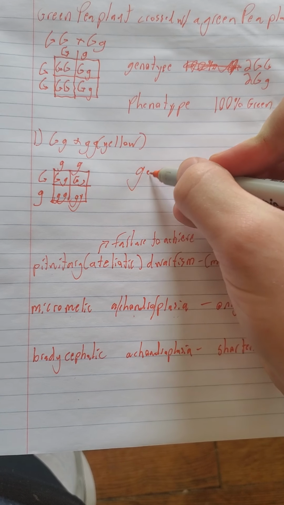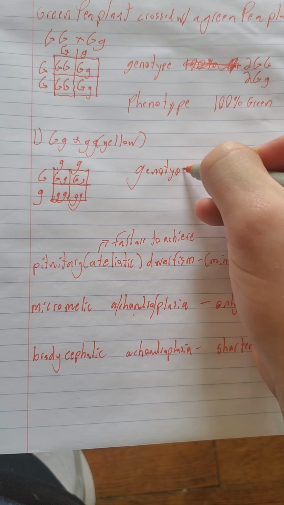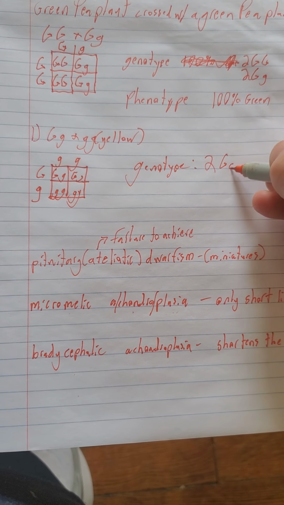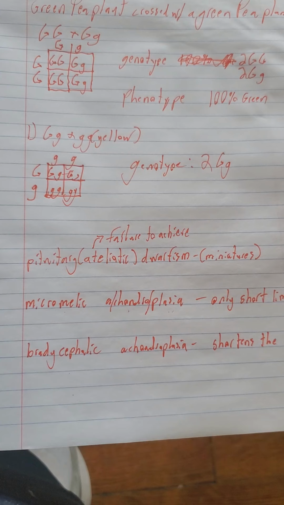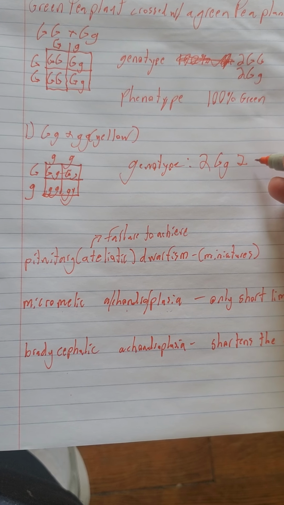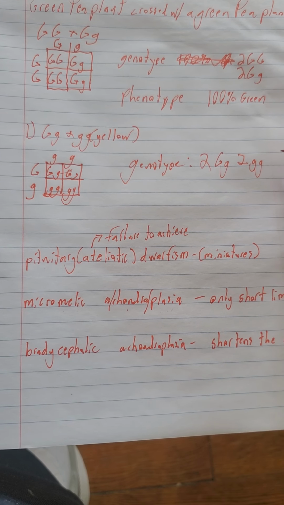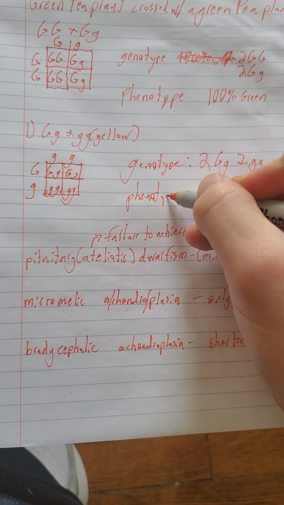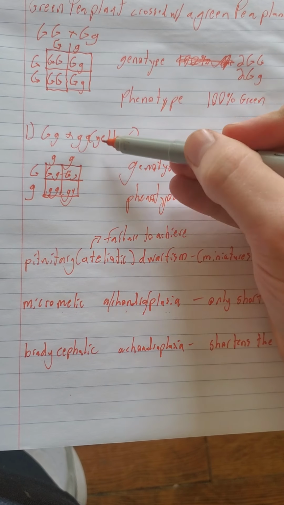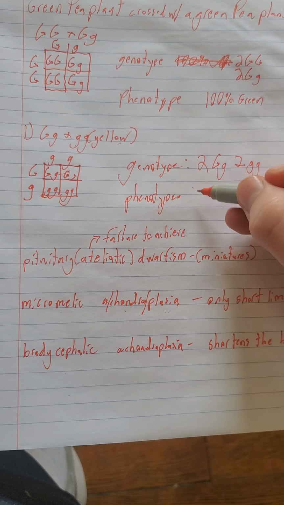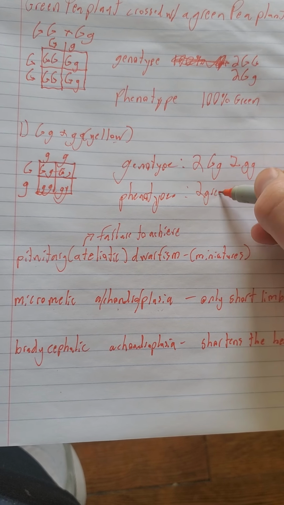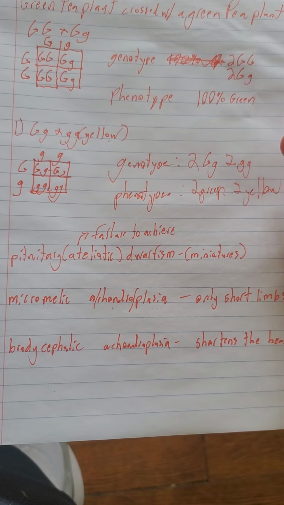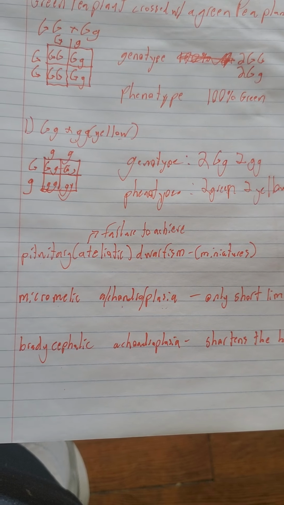So for genotype, we would have 2 heterozygous big G little g from right here, and 2 homozygous recessive little g here. Phenotype, what is this actually going to look like? Well, if we know little g is yellow, then we know that we're going to have 2 green pea plants and 2 yellow. So if you can get that, you guys are going to be totally set.